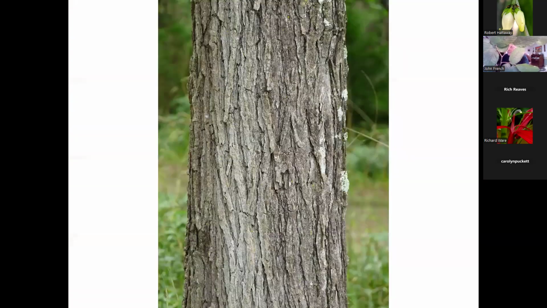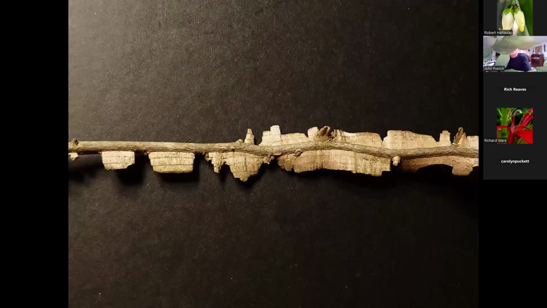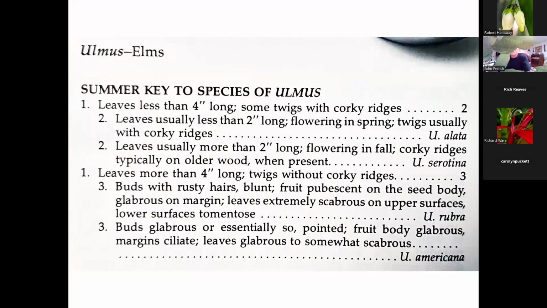Buds, and this is the one we're keying right here. Oh boy, those pretty buds. I think that bud on the side, like I said yesterday, is a flower bud. Buds with rusty hairs, blunt, fruit pubescent on the seed body, glabrous on margin, leaves extremely scabrous on upper surface, lower surfaces tomentose.